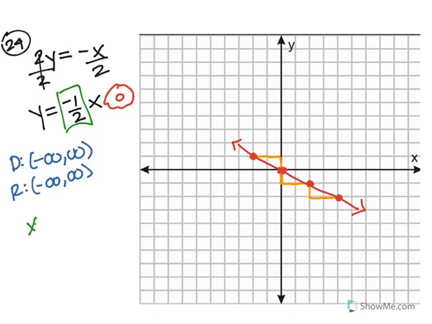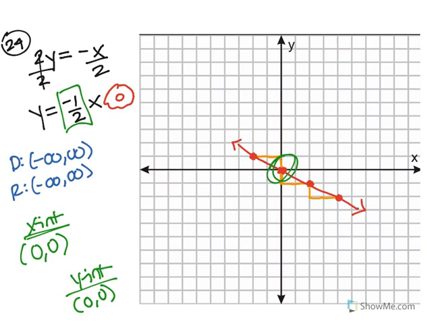If I ask you about the x-intercept, the x- and y-intercept would be in the middle, at 0. So you would simply say (0, 0) for both the x-intercept and the y-intercept because it's crossing at the origin, and that origin is on both axes.